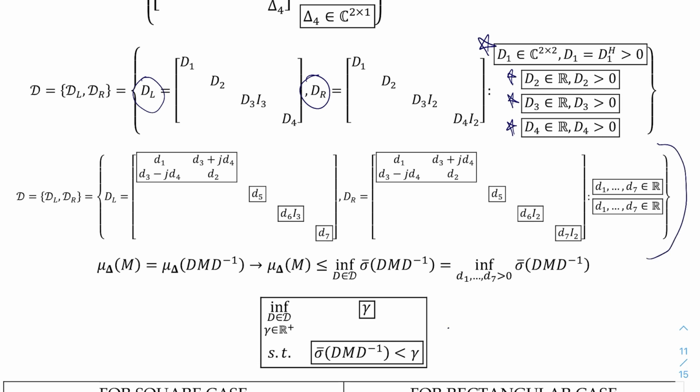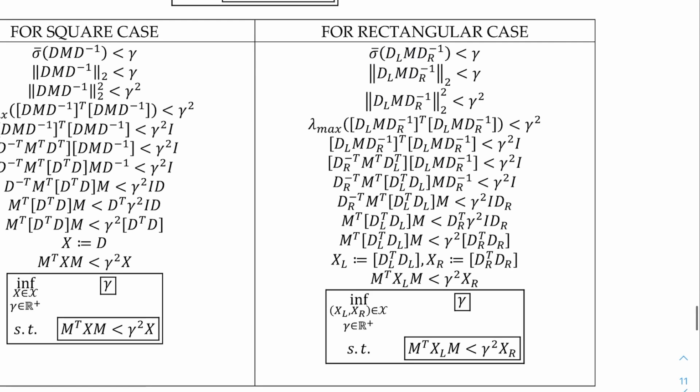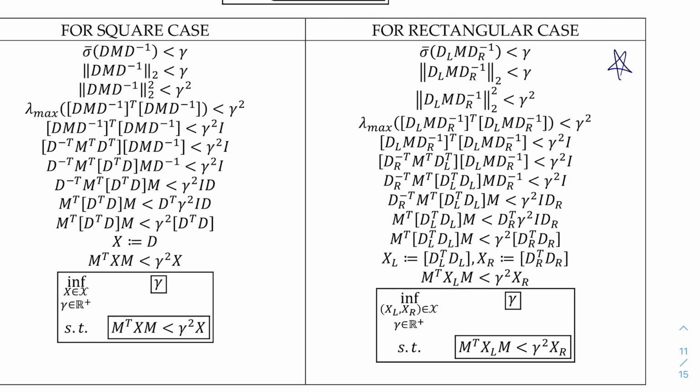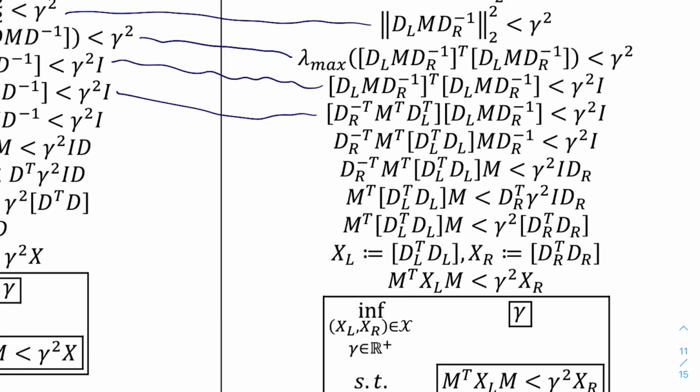And this is the parameterization. This is the general problem, and now we are going to look at this part. You can also compare line by line; we are just doing the exact same derivations.